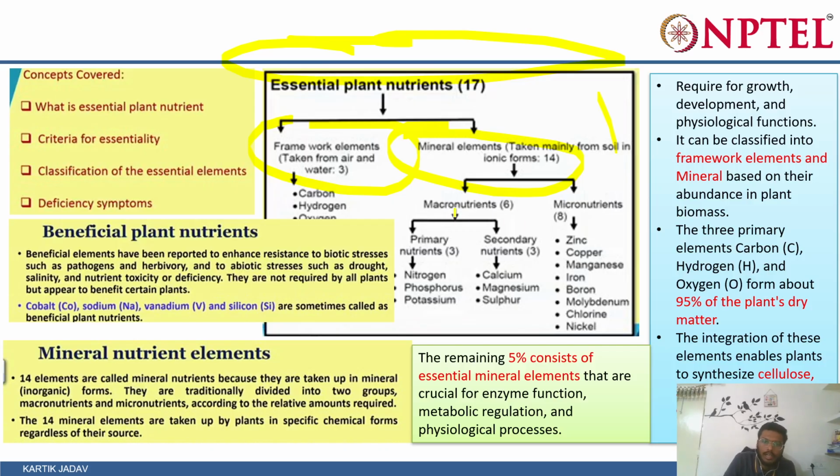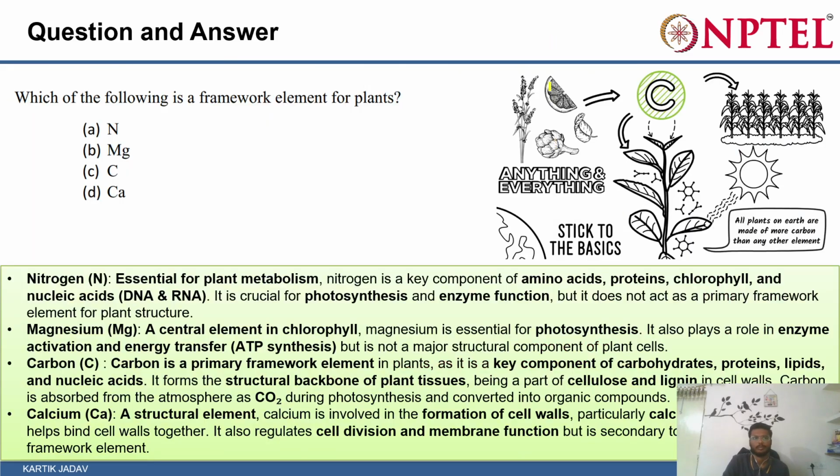And macronutrients are again classified in two parts, that is primary nutrients and secondary nutrients. So primary macronutrients are NPK, while secondary macronutrients are calcium, magnesium and sulfur. And all these are the fundamentals, right, about CHO and why it is important for any basic crop.